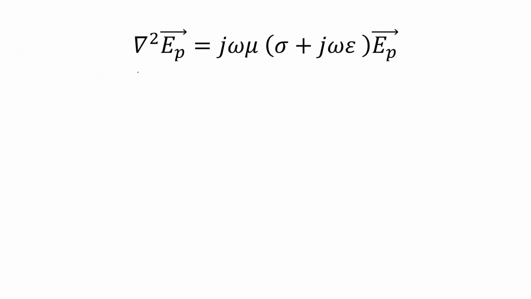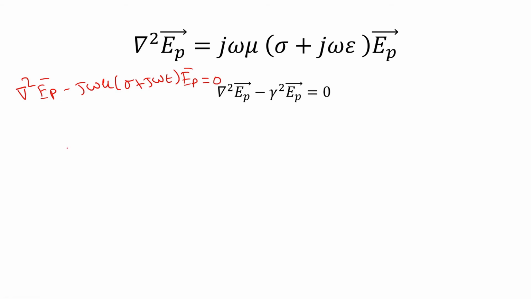I get an expression that the Laplacian of E bar is equal to j omega mu times (sigma plus j omega epsilon) times E bar. Bringing them both onto one side, I can write del square E bar minus j omega mu times (sigma plus j omega epsilon) times E bar is equal to 0.